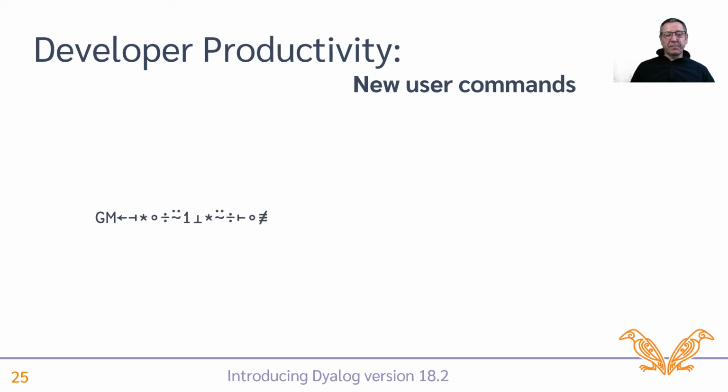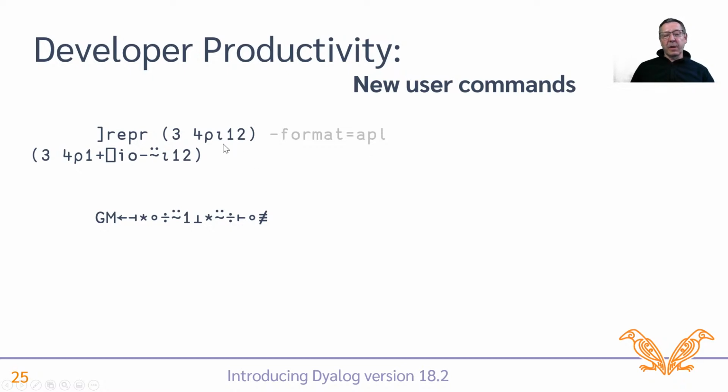So if you had brought in the tacit version of the generalized mean, you can use format equals APL to have it formatted a bit better. So if we apply format equals APL to the matrix, it creates an APL expression that could be used to generate that value.